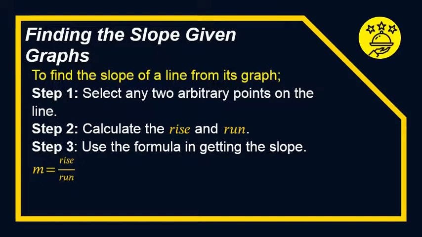Finding the slope given a graph. To find the slope of a line from a graph: Step 1, select any two arbitrary points on the line. Step 2, calculate the rise and run. Step 3, use the formula for the slope, m is equal to rise over run.